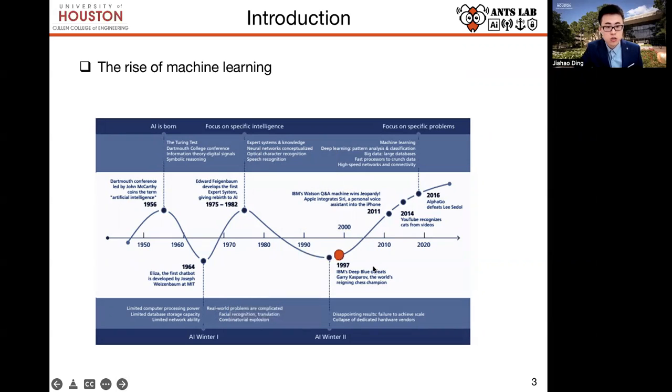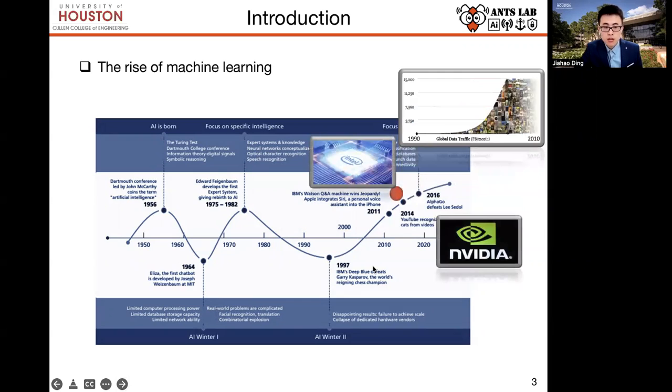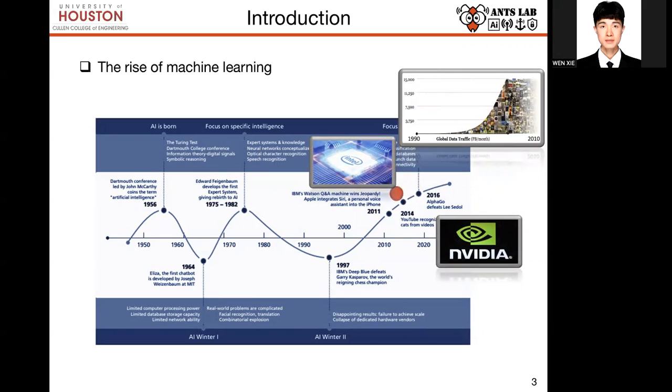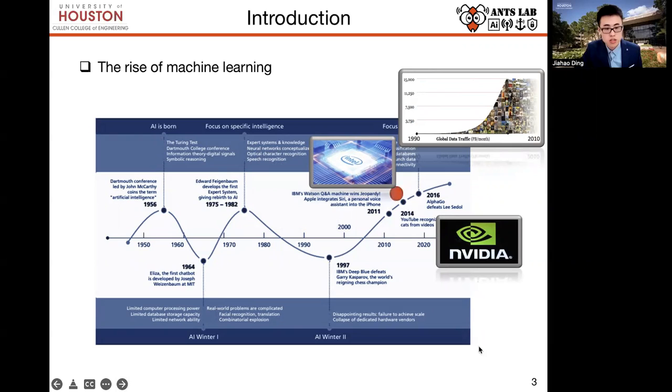Fortunately, in the early 21st century, the development of hardware, multi-core CPUs and GPUs, grew rapidly, and billions of data were also generated by phones and IoT devices. So they pushed machine learning and deep learning to the front of the stage.